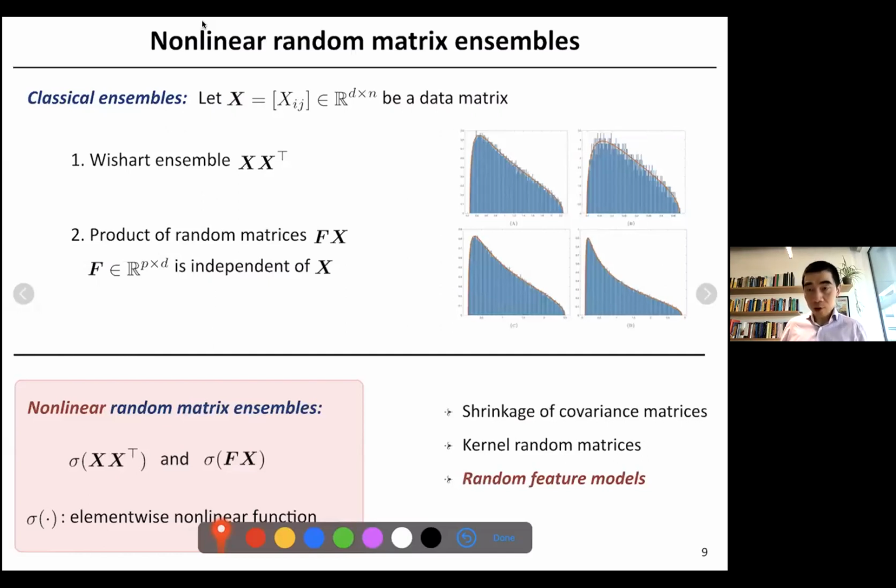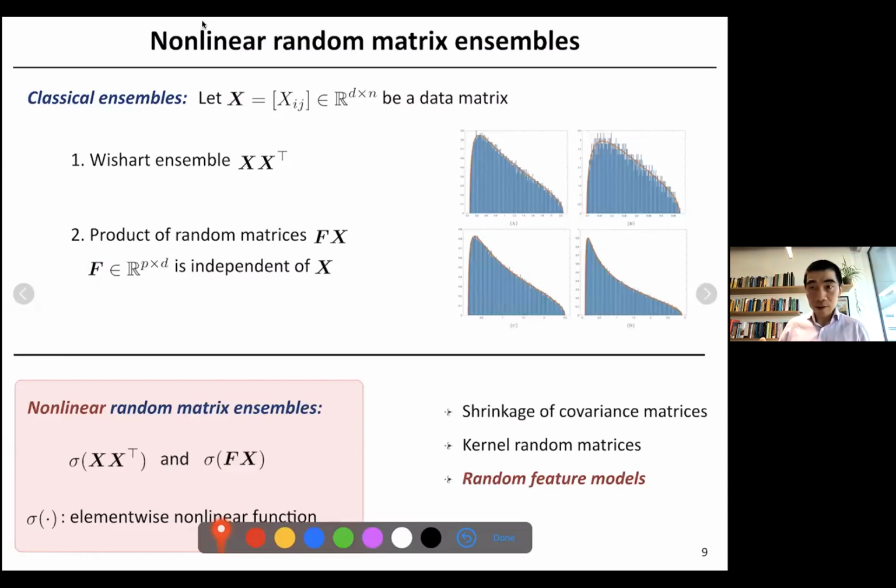The first one is about shrinkage of covariance matrices. Maybe the covariance matrices that you obtain are noisy for various reasons. You want to apply shrinkage to different entries of these covariance matrices. And a second type of application where these kinds of matrices arise is the setting of kernel learning.